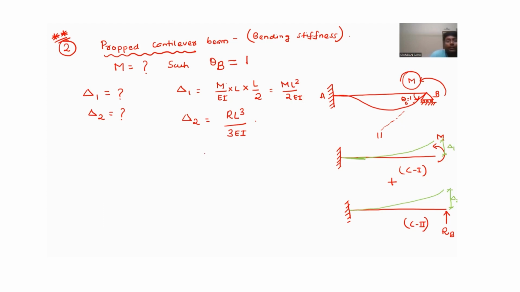So from compatibility, since it is the force method, to determine the unknown value, what condition do we need? Compatibility condition. Had it been the displacement method, what condition should we use?